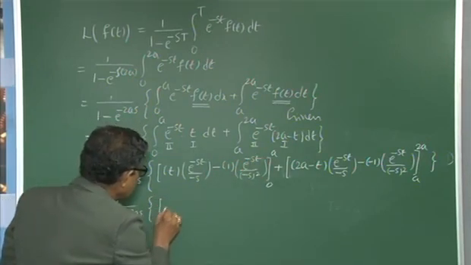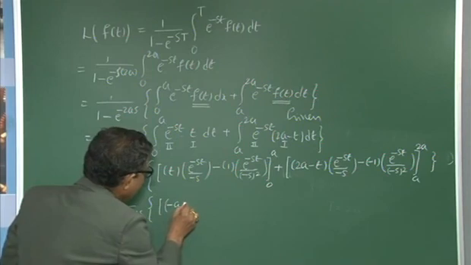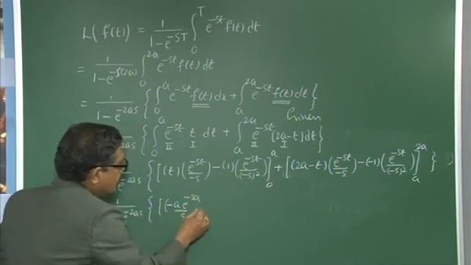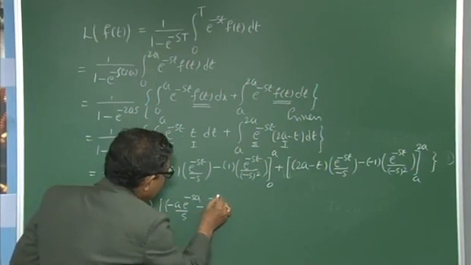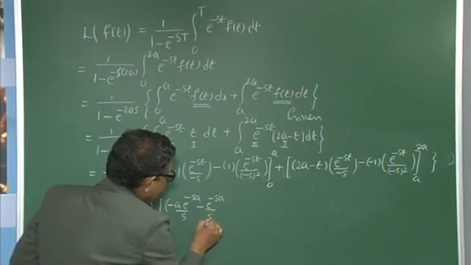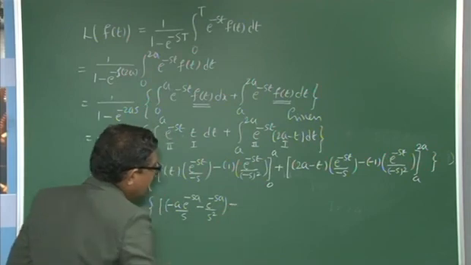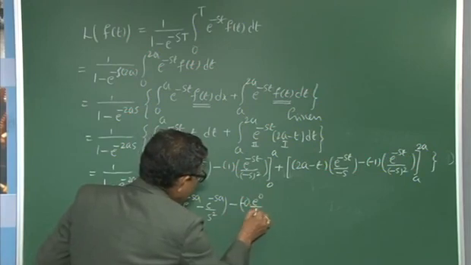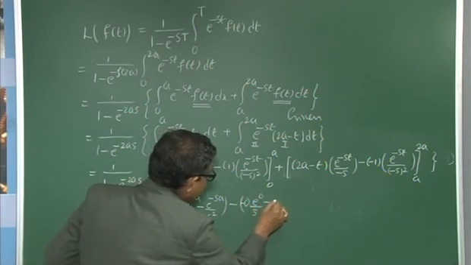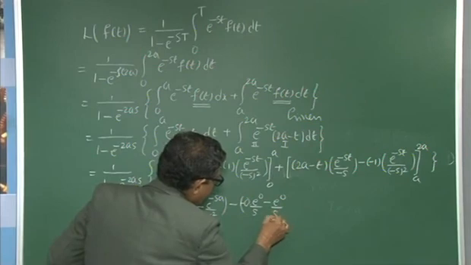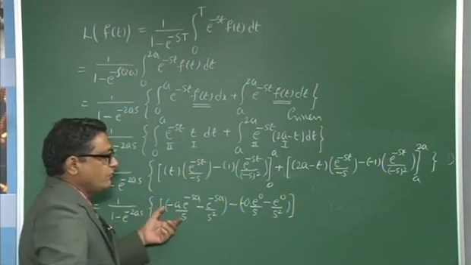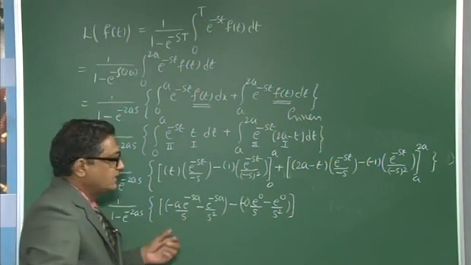Now it is minus a e raised to minus sa by s, then minus e raised to minus sa by s square. Now upper limit minus lower limit, minus 0 into e raised to 0 by s minus e raised to 0 by s square. Now this is the first square bracket, upper limit minus lower limit.